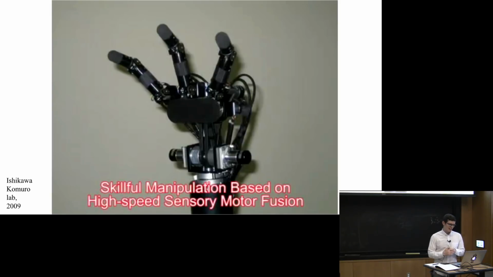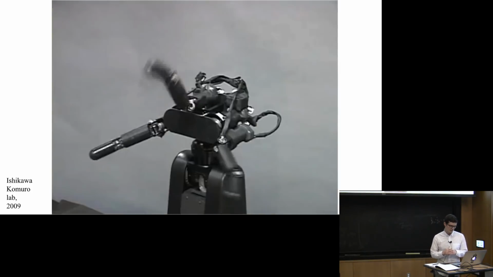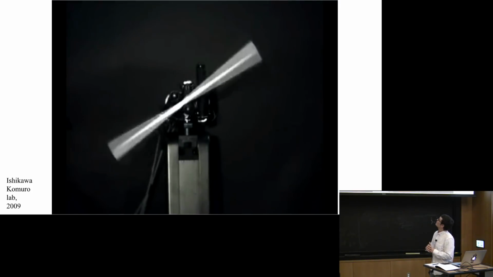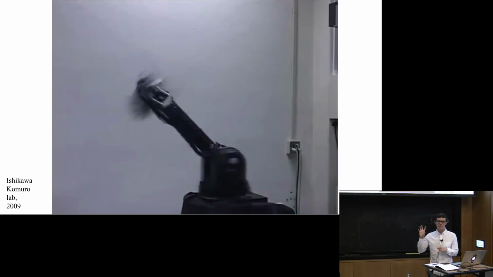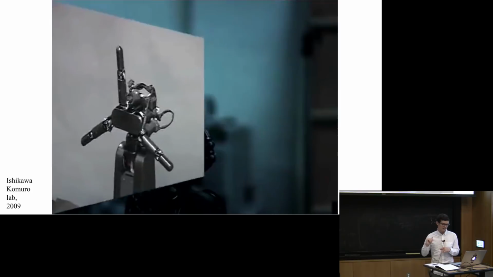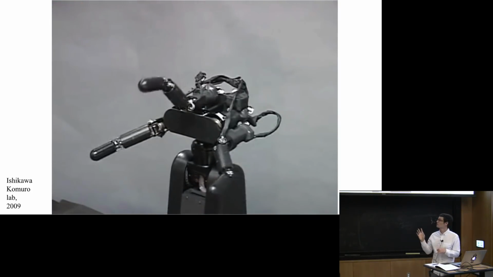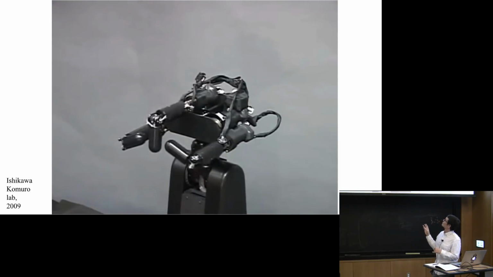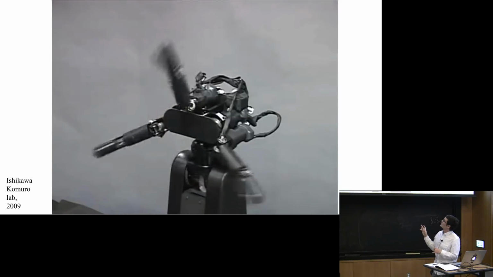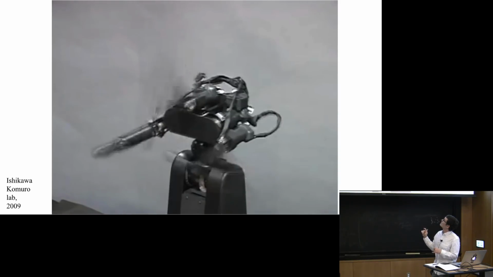So this one, I just wanted to let this video play. This is from 2009, and there's a whole ton of amazing results. This is from a Japanese lab doing very high-speed manipulation tasks. They have this amazing hand. This is super slow-mo right now. You'll see that it's very, very fast.